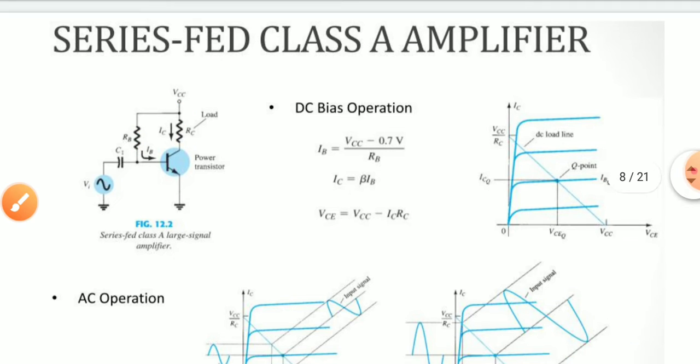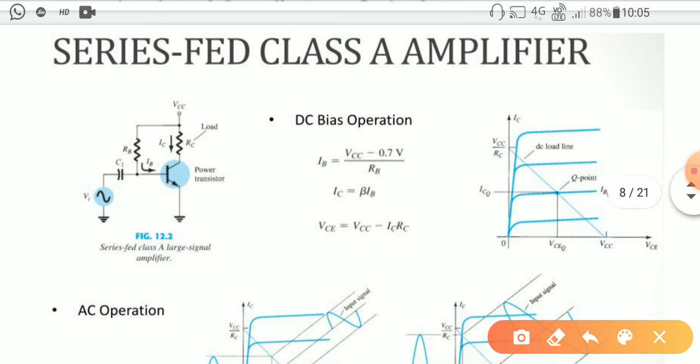So for the fixed bias condition we are considering here, if you check carefully, the current through RB or base current will be defined as IB = (VCC − 0.7 volt)/RB. Why is this? You just apply the KVL in this path. That time what happens? VCC is equal to IB RB plus VBE.